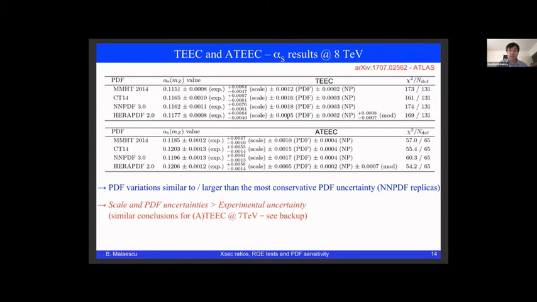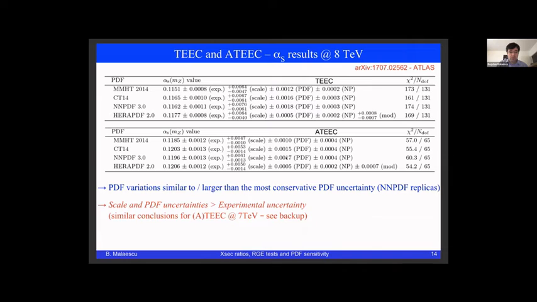These are the uncertainties coming from the eigenvectors or the replicas in the case of NNPDF. You can notice that they are somewhere in between the experimental uncertainties and the scale uncertainties. The same, maybe here, okay, for some PDFs they are a bit smaller in the case of the asymmetry, but still for NNPDF, the most conservative result.